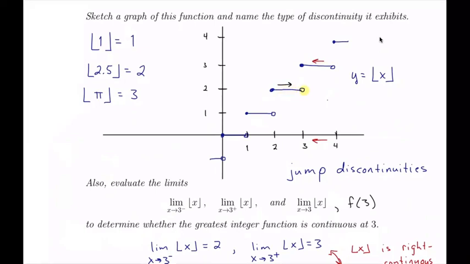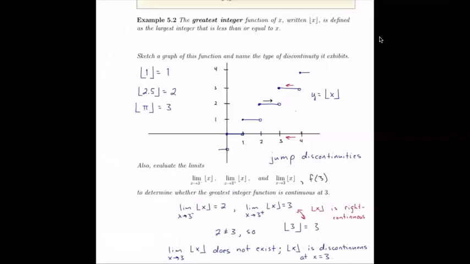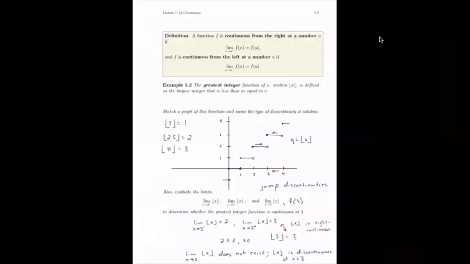However, the function's not defined as 2 there, it's defined as 3 there. So these approach an open dot, so it's not left continuous. These approach a closed dot, so it's right continuous. Now you won't always have to graph to do that. You'll have to do this analytically by matching function value with left and right hand limits. But if you do have a graph, that's a nice way to see what's going on and to learn left and right continuity.